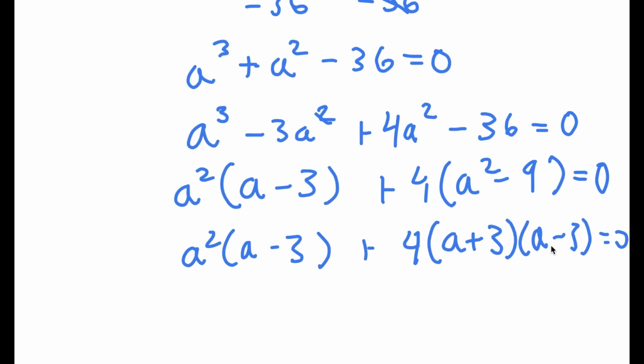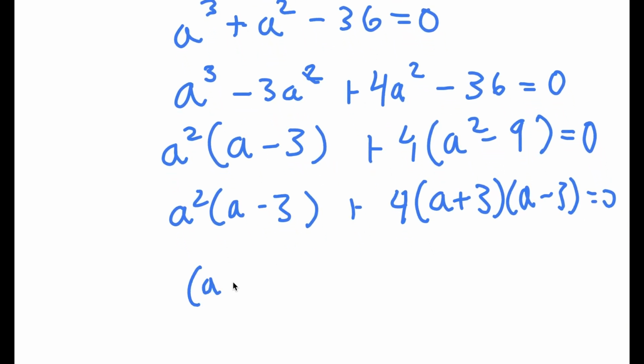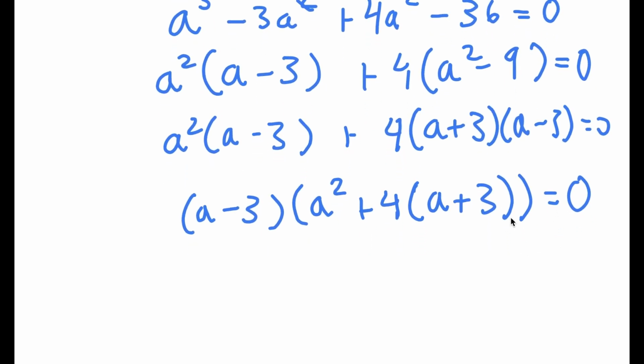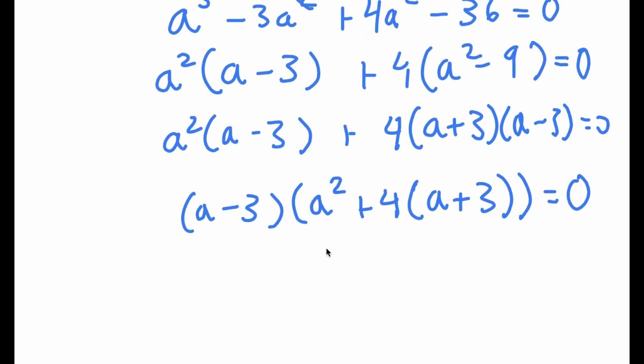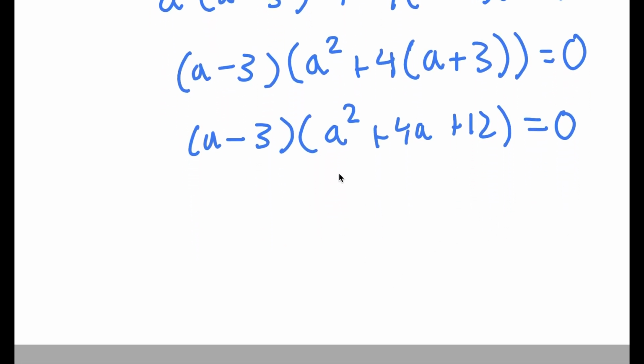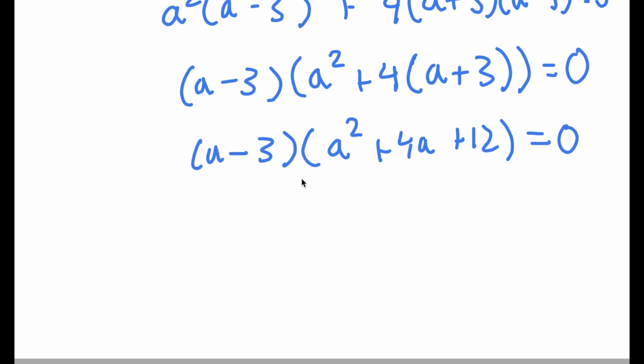Now if I factor out a minus 3, I get a minus 3 times a squared plus 4a plus 12 is equal to 0. So now this gives me two equations.